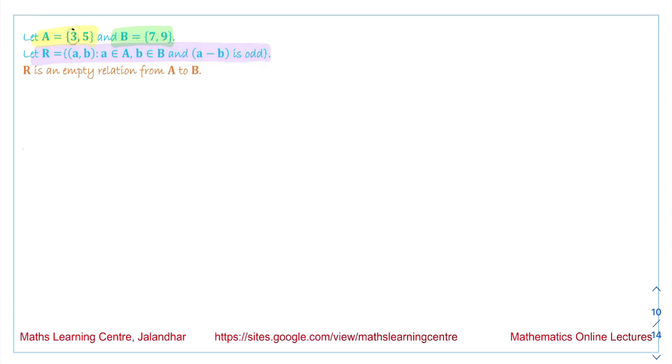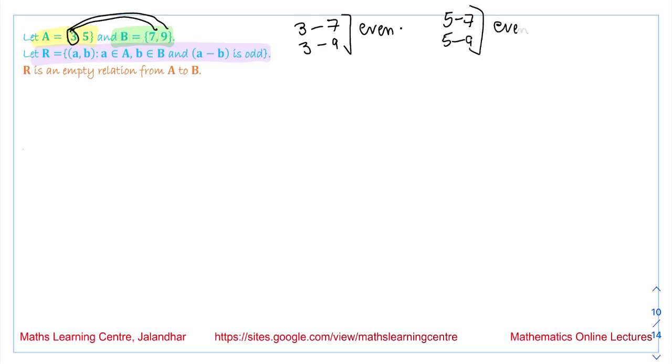If we take the first element 3 and subtract it from both of these, 3 is not related to 7 and 3 is not related to 9, because in both cases 3 minus 7 or 3 minus 9, the answer is even. Similarly, 5 minus 7 and 5 minus 9, the answer is even. So there is no element in this relation.